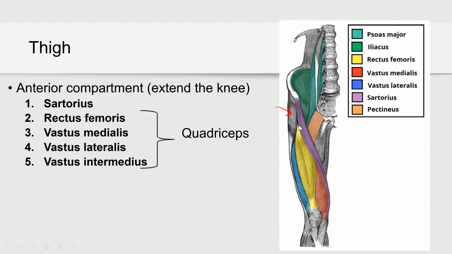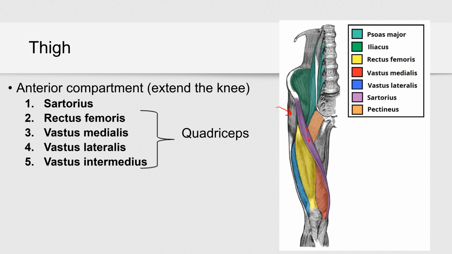These four muscles, rectus femoris, vastus medialis, lateralis, and intermedius, make a group of muscles called quadriceps. So we have quadriceps femoris, but it's not one muscle, it's actually a group of four muscles. And then we have sartorius, shown over here in the purple color. So that's the sartorius.